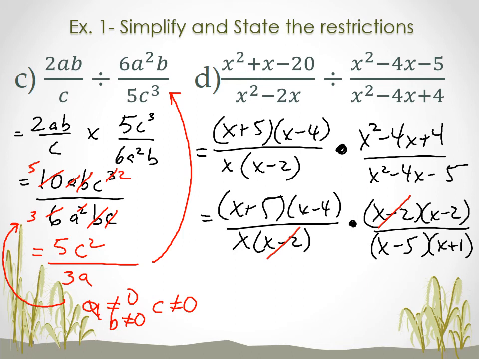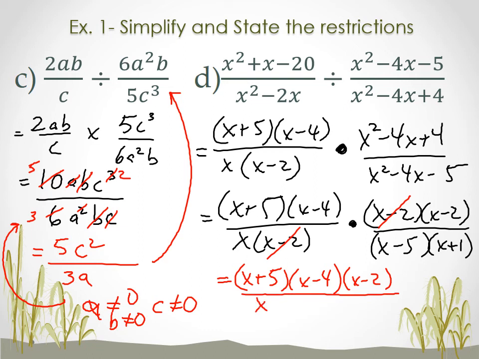That's all that's the same between the top and the bottom. So that leaves us with x plus 5, x minus 4, x minus 2, x minus 5, and x plus 1.